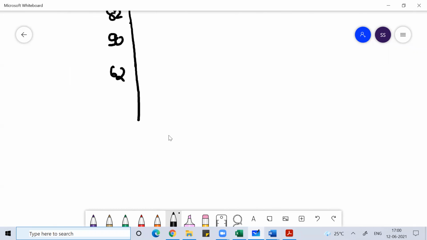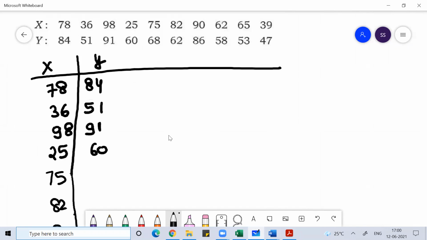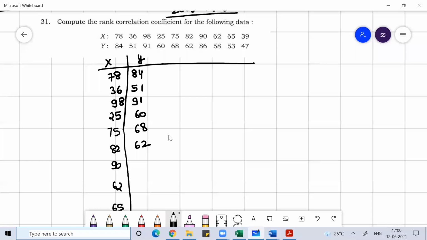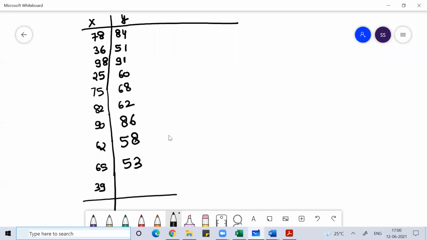This data is given to you. Now you write for Y: 84, 51, 91, 60, 68, 62, 86, 58, 53, 47.